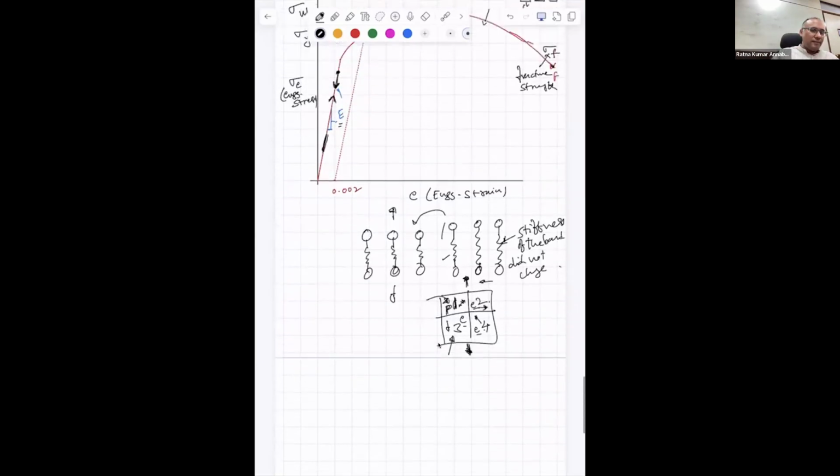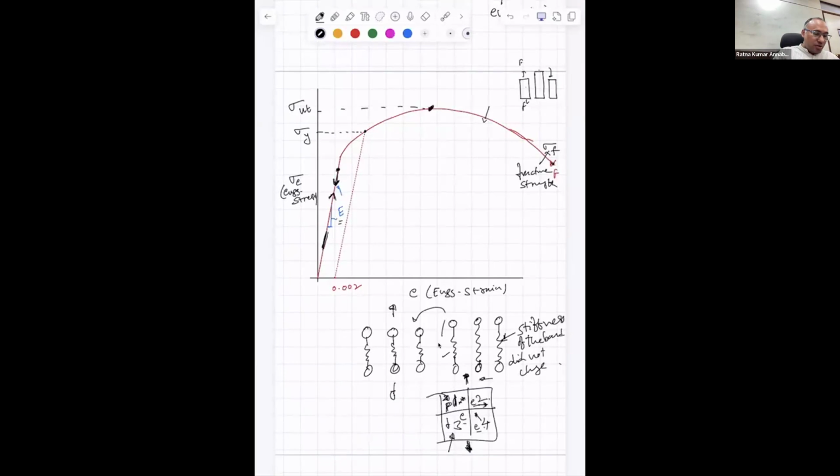Which means, if I have loaded a specimen, let us say up to this point, that means I have partially plastically deformed the material. Now, if I am unloading the specimen, the unloading path always should be elastic, because during unloading there cannot be any plastic deformation.